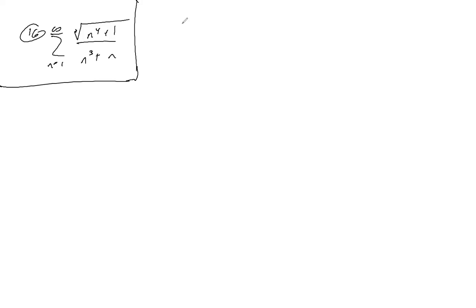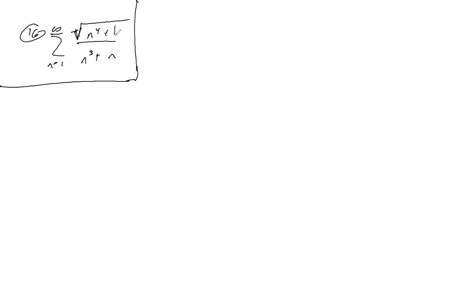Okay, so 16. What I have here is almost polynomial over polynomial, right? I'm taking the square root. Basically, I can think of this as polynomial over polynomial, which makes me think maybe comparison test. So first, let's figure out what I should compare it to. Let's mentally erase everything that's not too important.